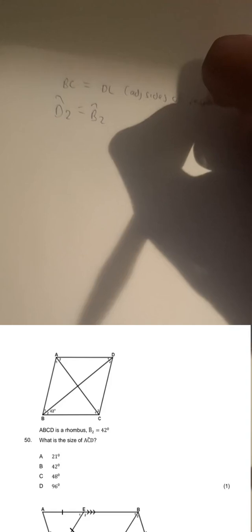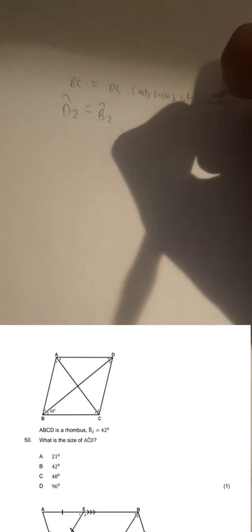So as I said, personally, angle D2 is equal to angle B2. Why? Okay, so first and foremost, we know that BC will be equal to what? DC. Okay, why? Adjacent sides of a rhombus. Let's start right there.